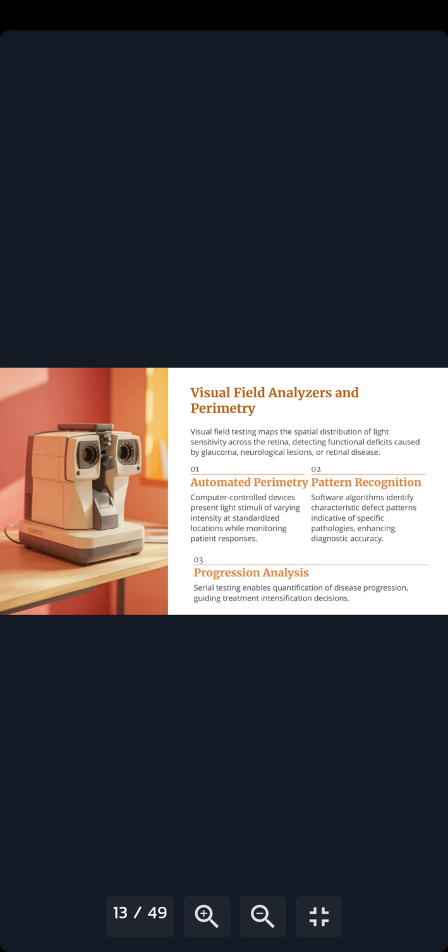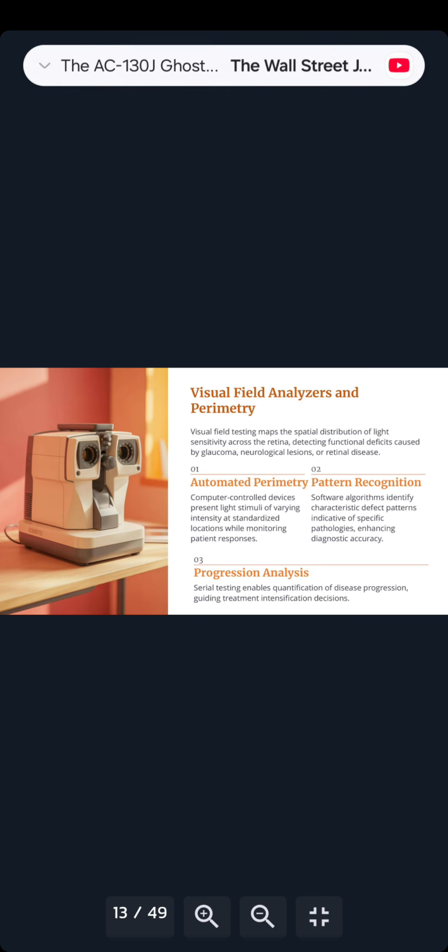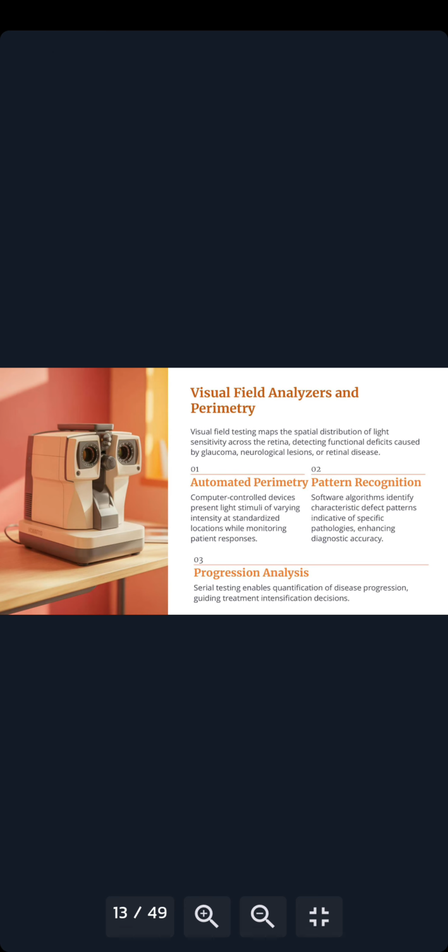We have automated perimetry these days. As you remember, there is a dome at the back of the device, and then a light is shown with a little sound. They ask you to look at my right eye, look at my left eye. By those light stimuli, they see how the perimetry of your eyes is.